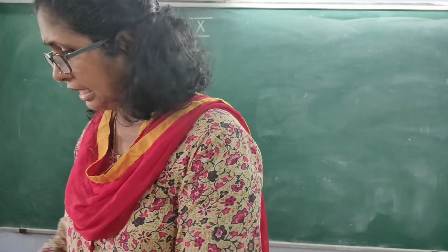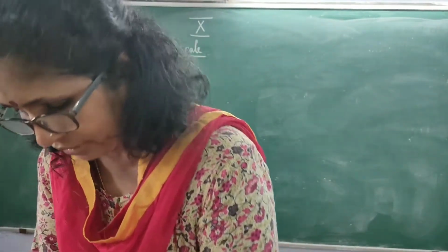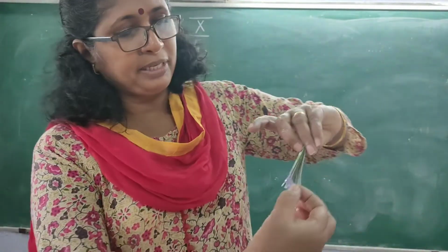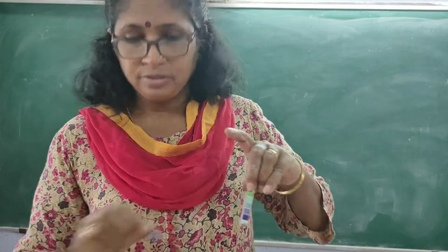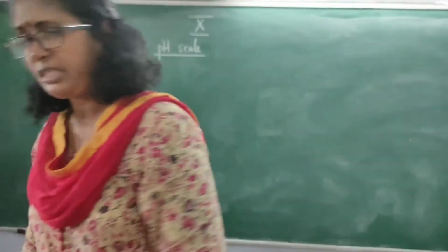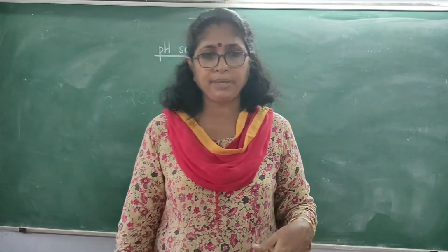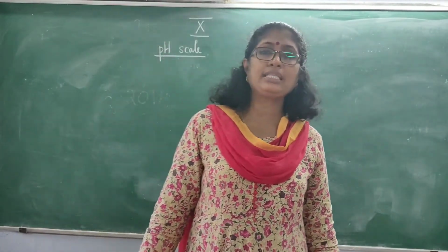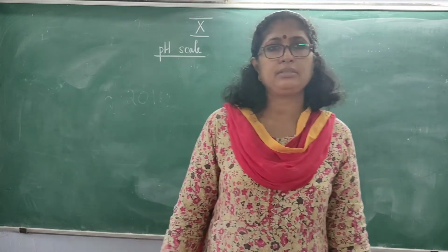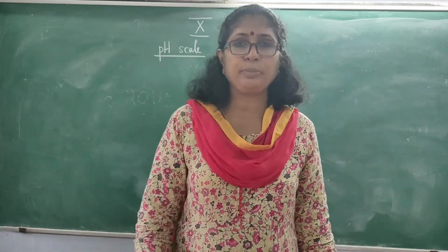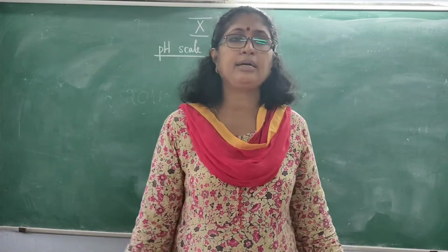So that is the color change. Then you can compare it with the color here. It is pH 9. See the color, that is the difference. So using this you can find out the pH, but measuring using pH paper is not that accurate. It is a little bit approximate. These are the color changes.